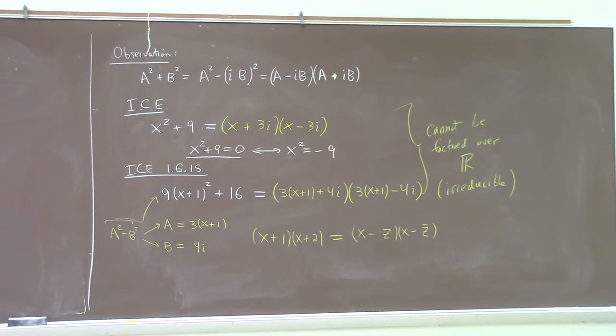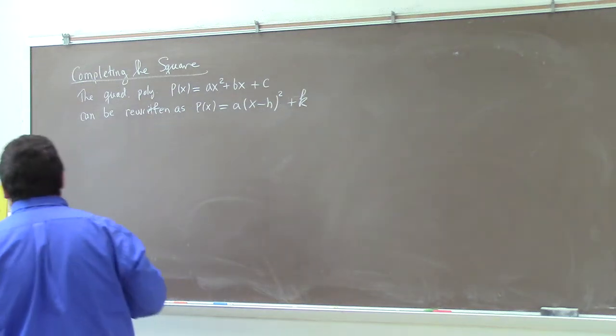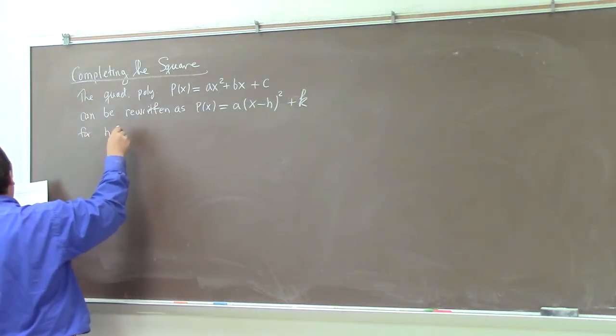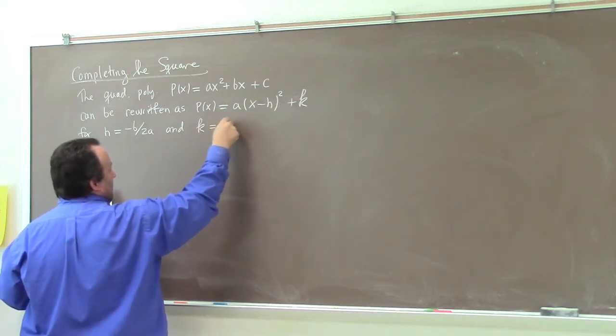The quadratic polynomial p of x equal to ax squared plus bx plus c can be rewritten as p of x equals a times x minus h quantity squared plus k, for h equals minus b over 2a, and k is equal to p of h, where we plug in h.